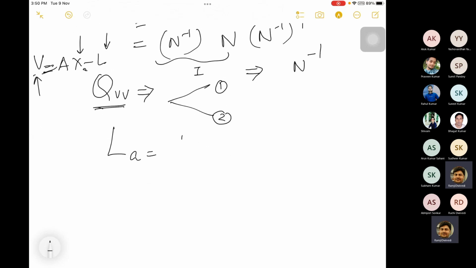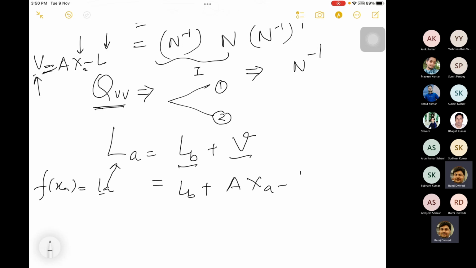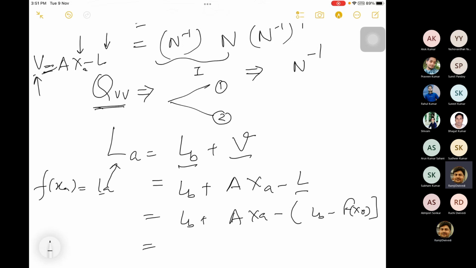We know that LA is equal to LB plus V. In the case of FXA equal to LA, we have represented LA by LB plus V. Now LB plus what is V? V is AXA minus L. LB plus AXA minus what is L? LB minus FX naught. Now LB and LB cancel out. This will become AXA plus FX naught.